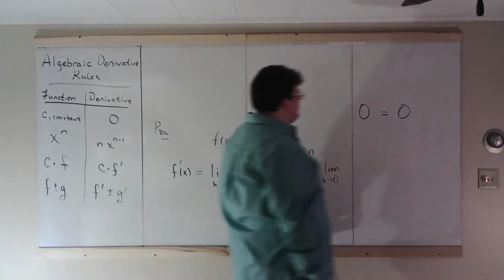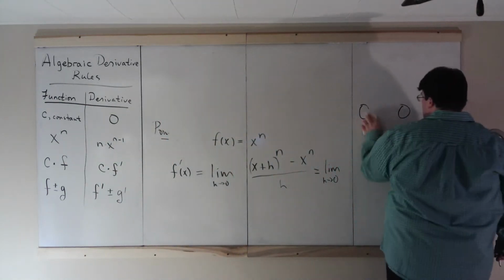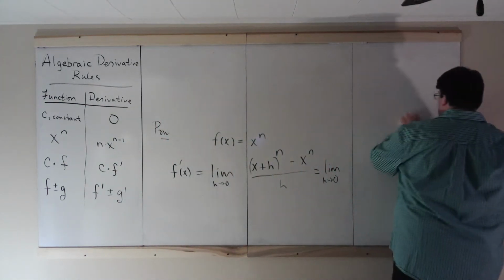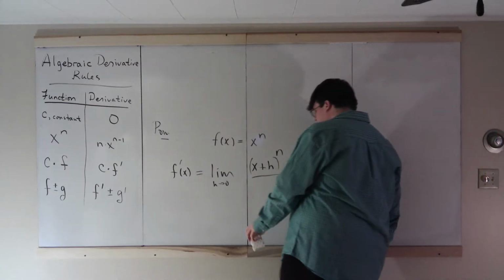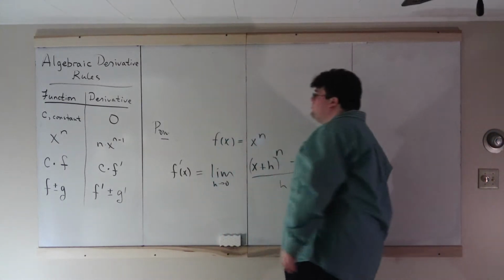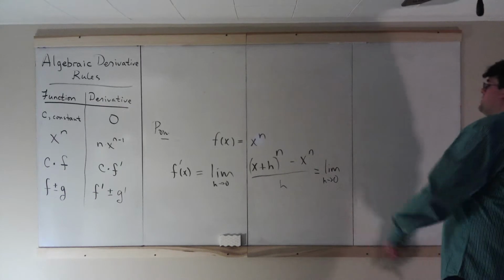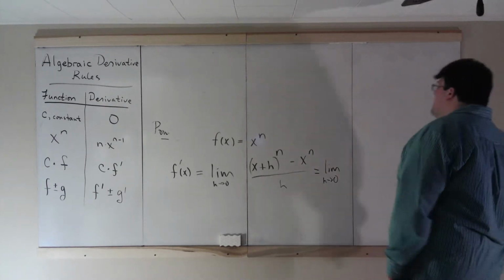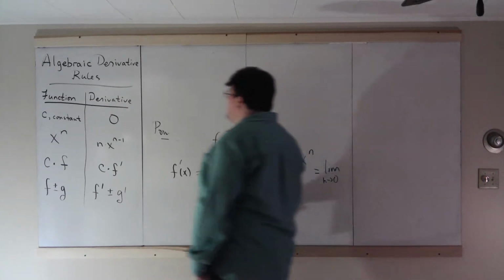If I asked for a proof of one of these, it would probably not be the power rule and it wouldn't be the product rule, but I could reasonably ask for a proof of constant multiple or sum difference. But how does x plus h to the n simplify?